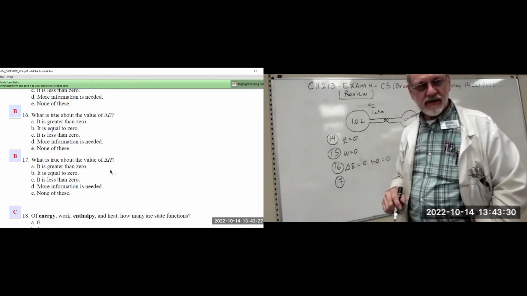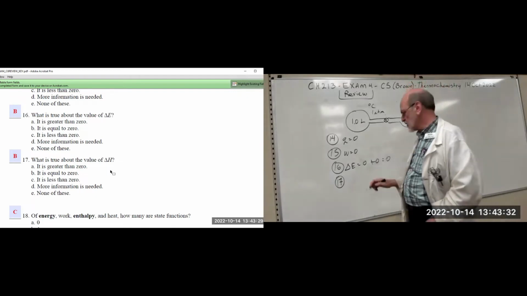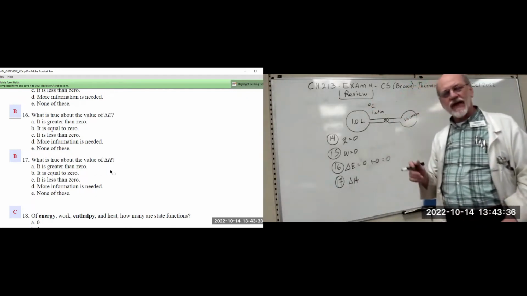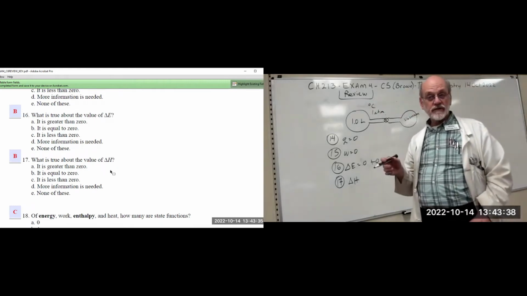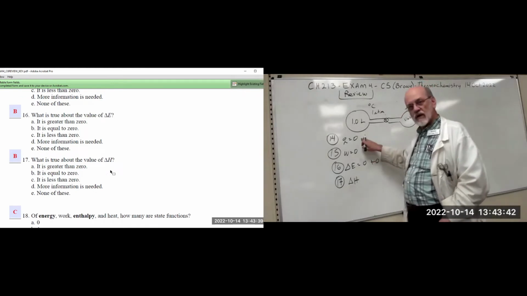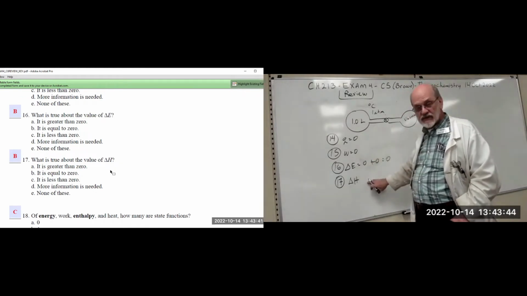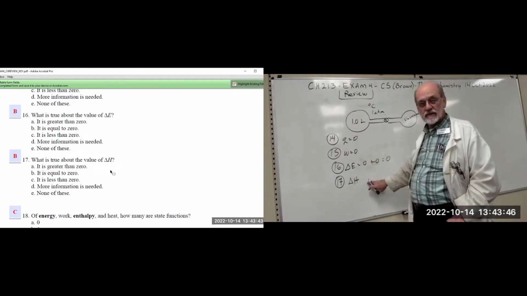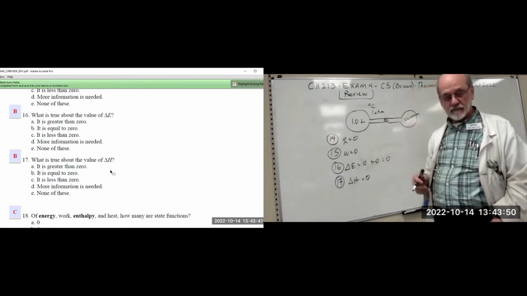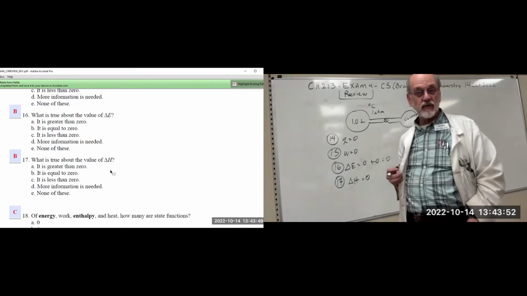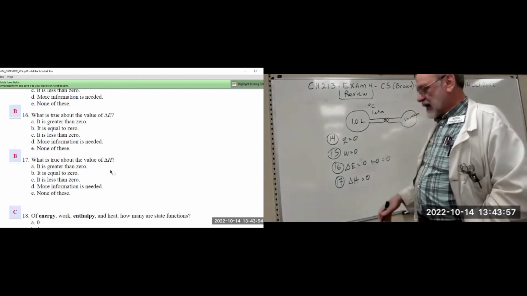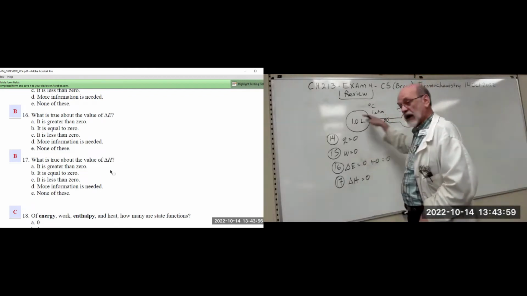But we'll get to that next semester. What's true about the value of delta H? Well, delta H is enthalpy. It's a measure of heat potential. But if Q is 0, delta H has to be 0. It can't be anything else. There's no potential for heat movement there at all. So all those values are 0 under this scenario.